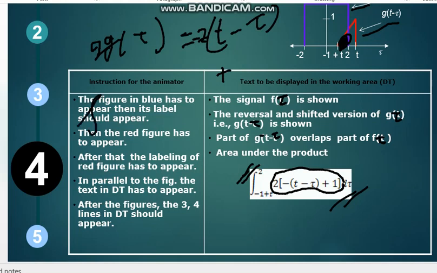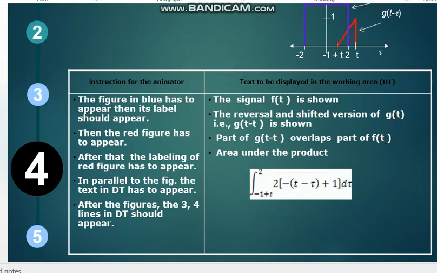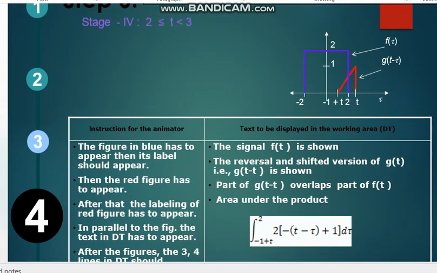The value of f tau is just 2. So the 2 has been taken common, and that is the basic equation. And you know that will be integrated to find the part of the product under this area. That area we have to find out.